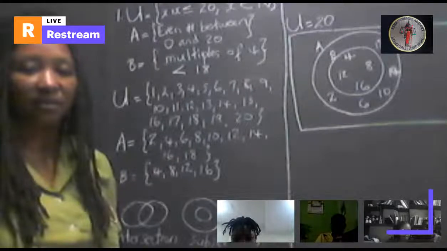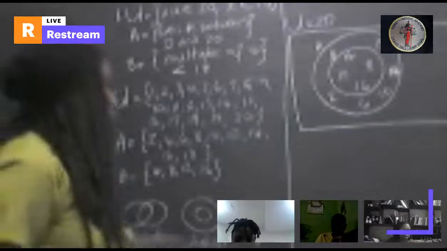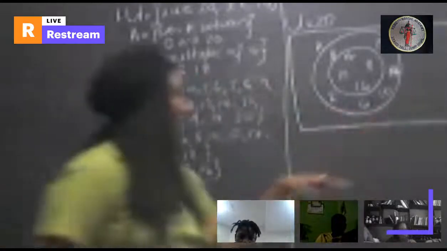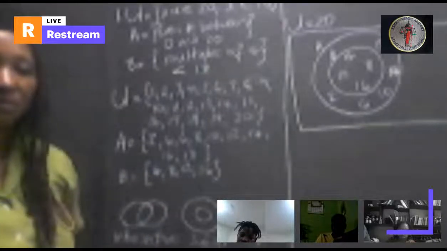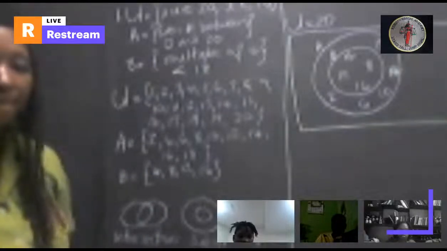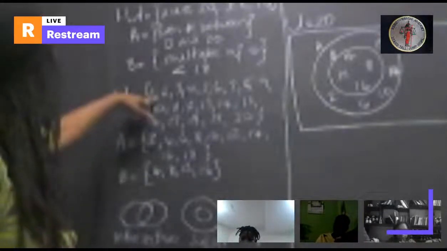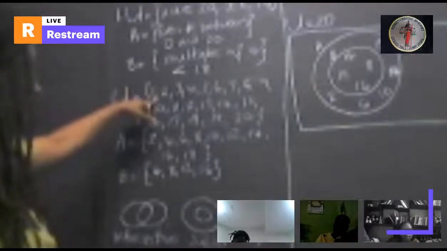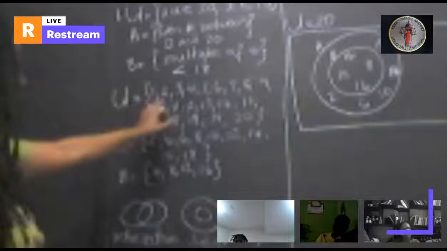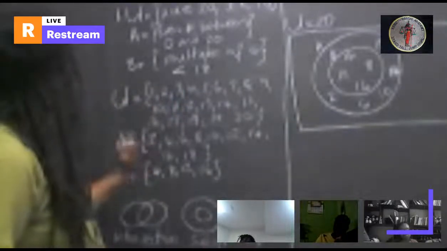Is there anything that should be outside in the box, that's not in A or B? Miss, 20. Not just 20. All the odd numbers. See that? So these are even numbers.